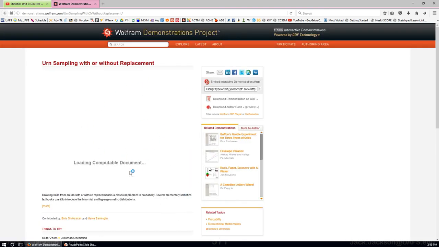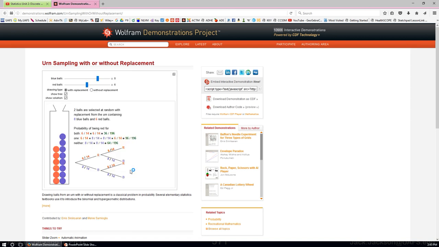So here's a situation where we can demonstrate, and if you can see this here, we have some sliders that we can vary. And notice that we can either choose with replacement, so that's going to be binomial, or without replacement, that's going to be the hypergeometric distribution.